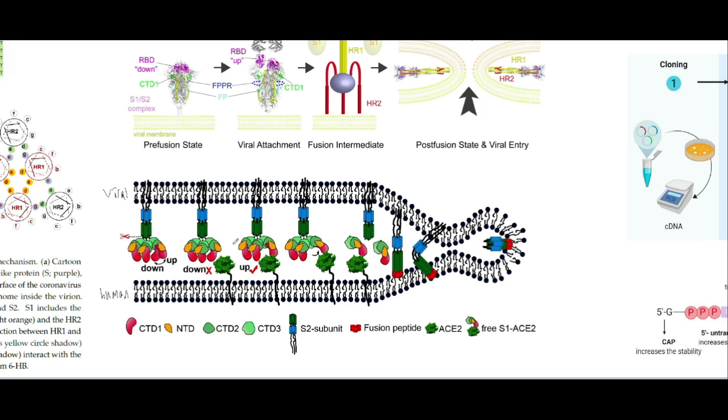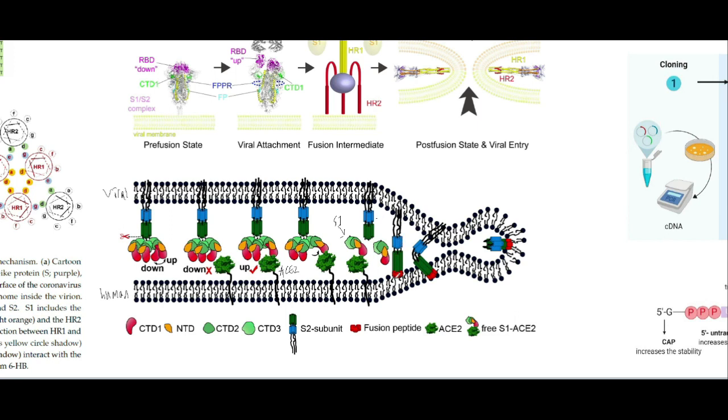And so we see this comes down. It's in the down position. It moves to the up position, binds to the ACE2 receptor here. Then there's the protease action, which causes these S1 domains to break off, so that we end up with just this S2 here, which then undergoes this conformational change.